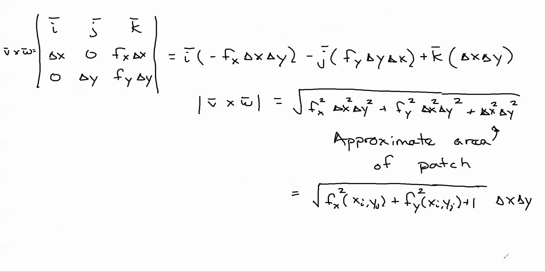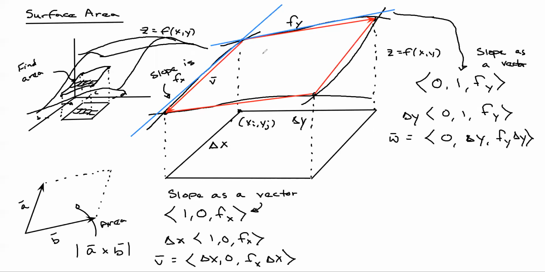So now that we've got the area for just this single patch, that's directly above a little ij located rectangle, what we want to do is vary that across the whole object.